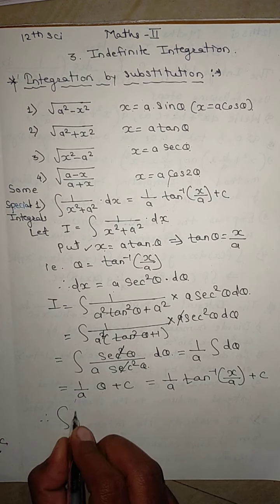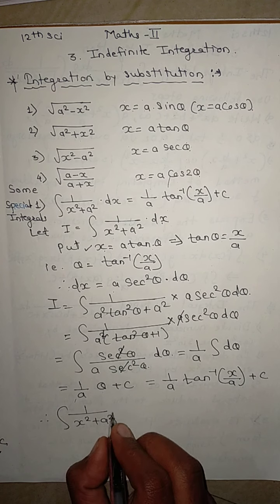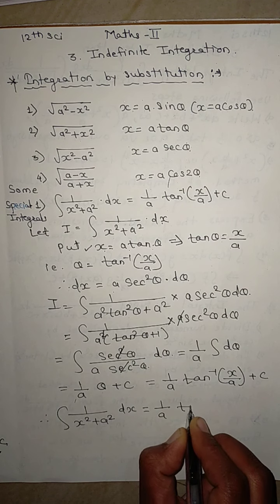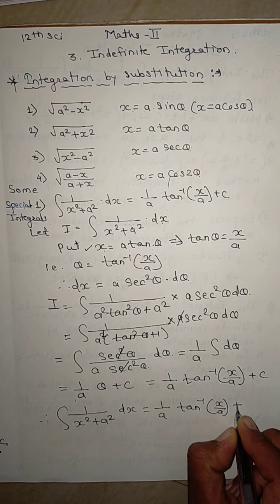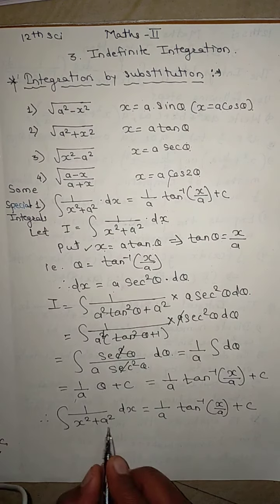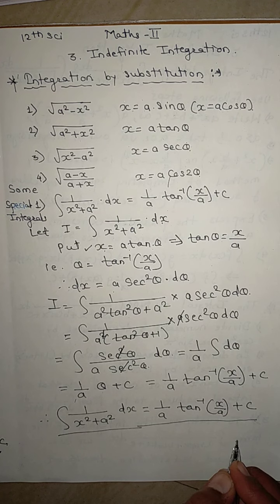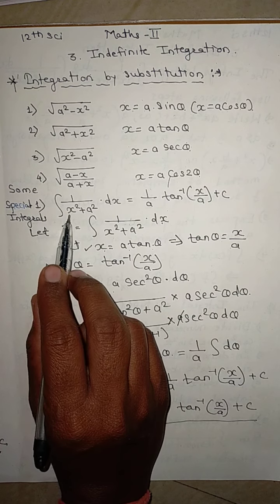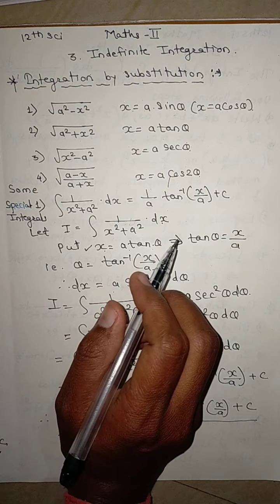Therefore integration of 1 upon x square plus a square dx is equal to 1 upon a tan inverse of x upon a plus c. So this is the value of the special integration, and we can substitute here x is equal to a tan theta.